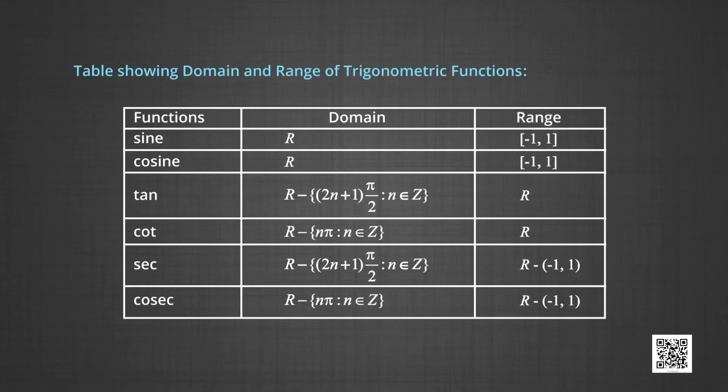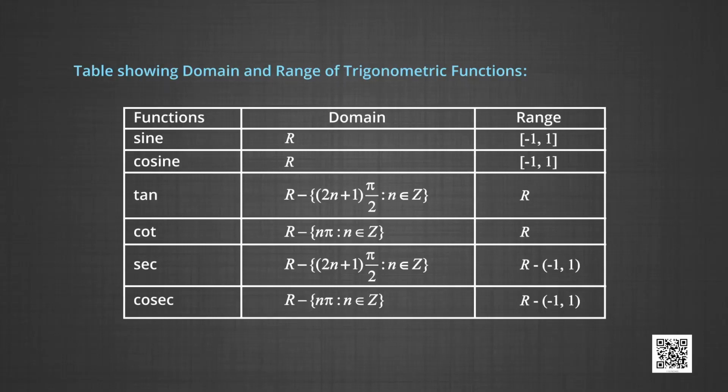The table is here to show the domain and range of trigonometric functions. So, we see that for the sine function, the domain is all real numbers and the range is minus 1 to 1 in the closed interval. For the cosine function, the domain is all real numbers and the range is the closed interval minus 1 to 1.